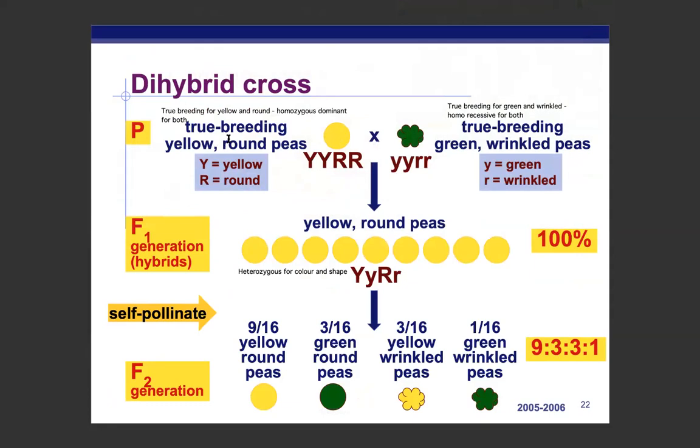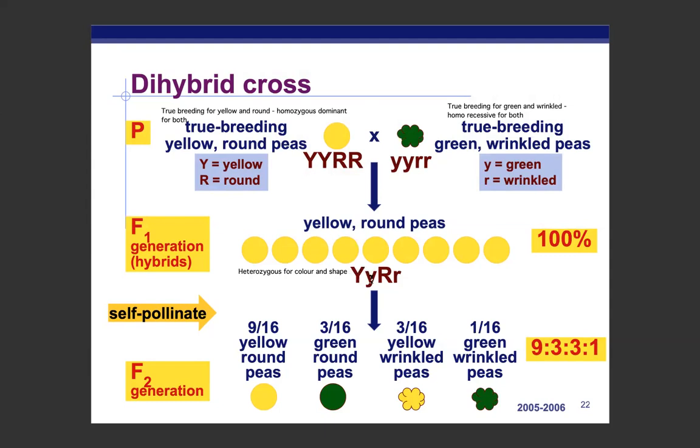So they were true breeding yellow round peas, which meant that they were true breeding for the yellow color and true breeding for the shape, the roundness, where the yellow color and the round peas are both the dominant characteristics. So it's homozygous dominant for both color and shape, whereas this pea is true breeding for green and wrinkled. So it's homozygous recessive for both color and shape. He then crossbred them, and he only got yellow round peas. We know this because they are heterozygous for both traits.